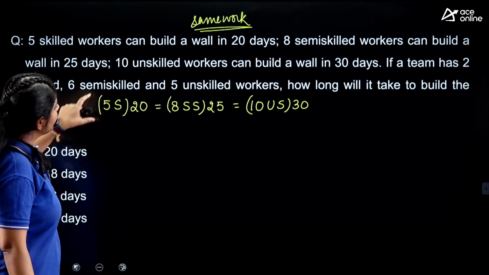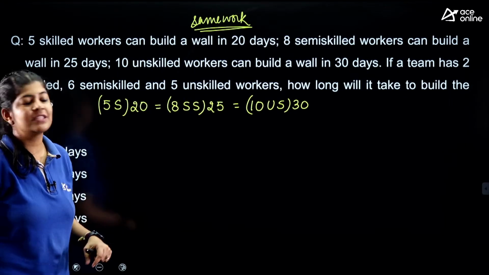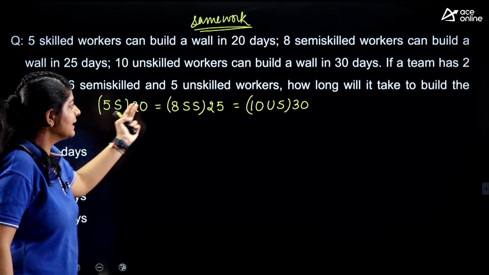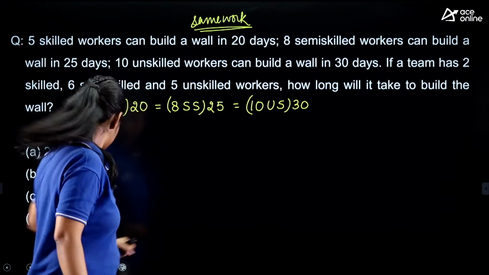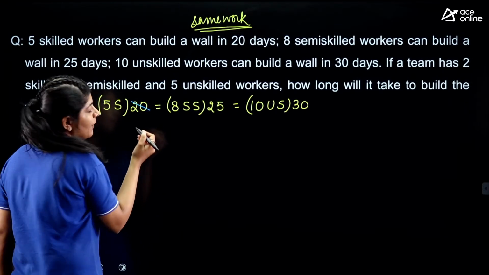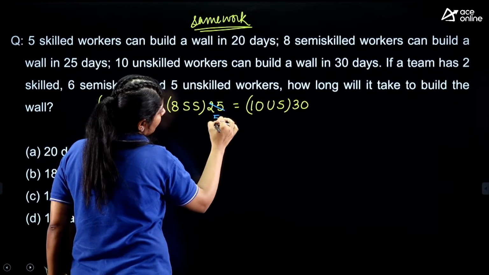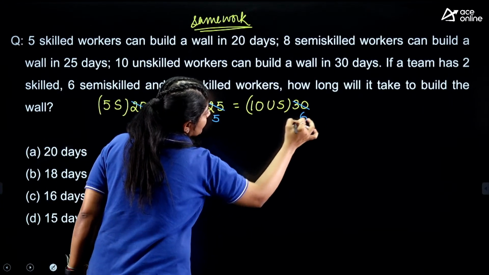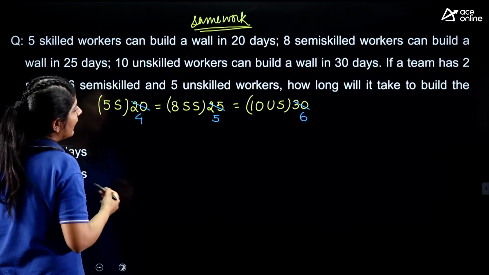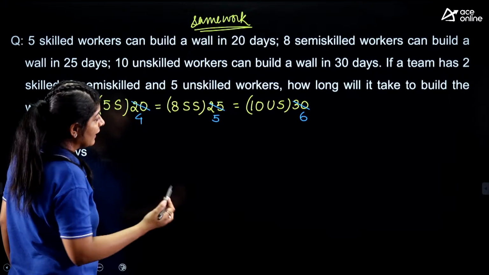Now, with the help of this data, we can figure out the efficiency ratio of skilled, semi-skilled and unskilled workers. So we start eliminating it with the help of 5. Here I got 4, 5 and 6. Right? Now again with the help of 5 I can eliminate.